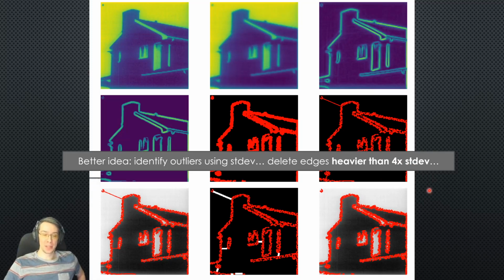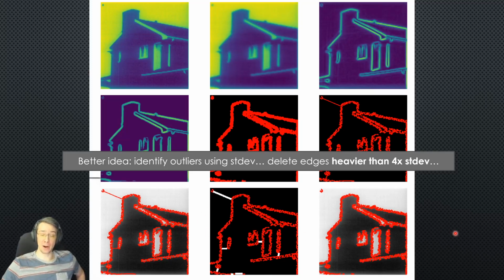So suppose that I identify outliers using the standard deviation of weights. So I look at the mean and standard deviation of edge weights, and then I delete edges that are heavier in terms of weight than 4 times the standard deviation away from the mean. So these are extremely heavy edges. These are the ones that end up being detected, and here's the house that gets separated.